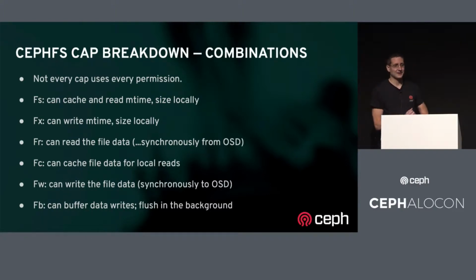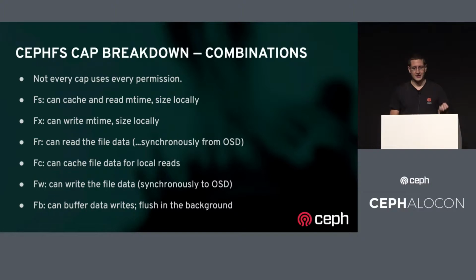The file cap is the super weird powerful one. The file cap covers more than the others. It covers both the actual file data, the ability to do reads and writes, and then the M time and the size. They're all smushed into the same cap because if you do a write, you need to change the M time no matter what, and if you do a write or a read, you need to know what the size of the file is because you might be changing it, or you need to tell the system call, oh, the file doesn't exist at that offset or whatever else.